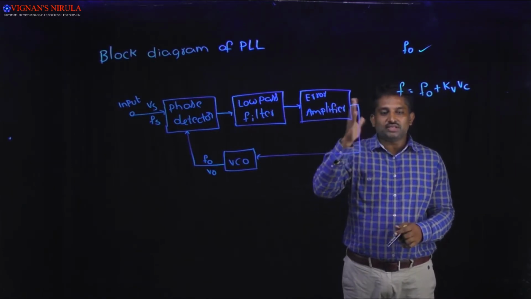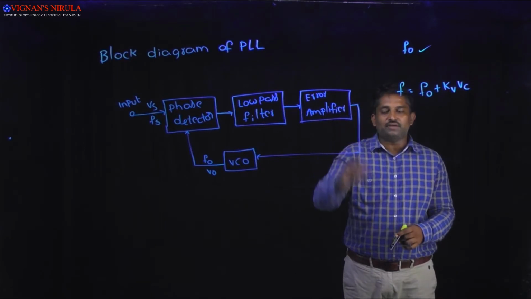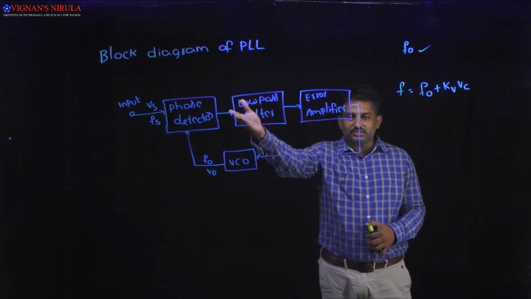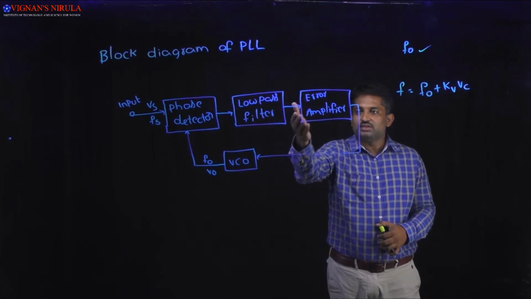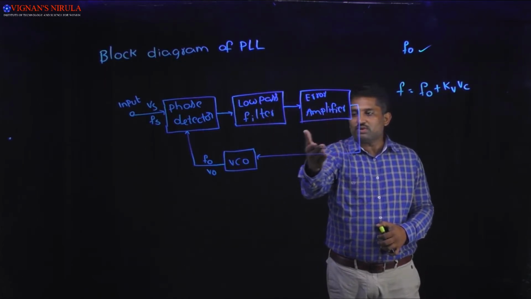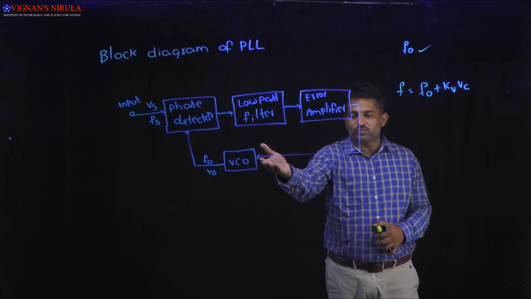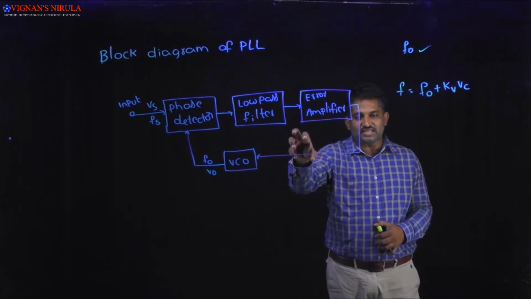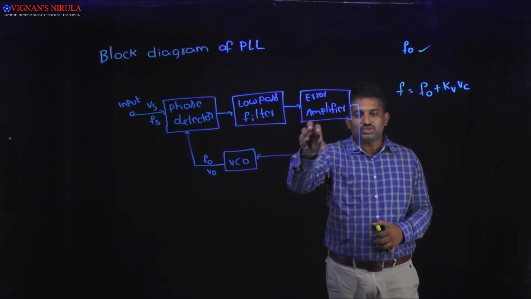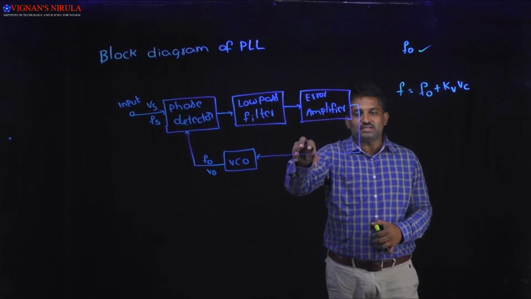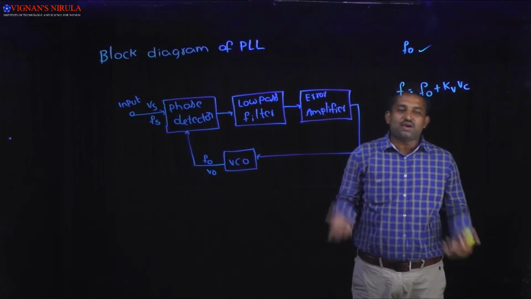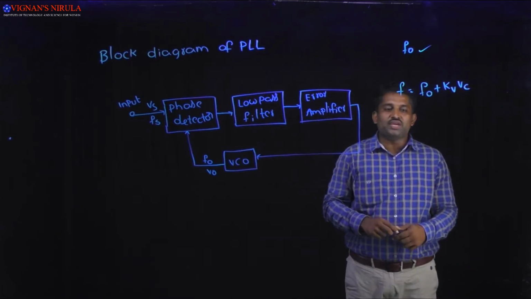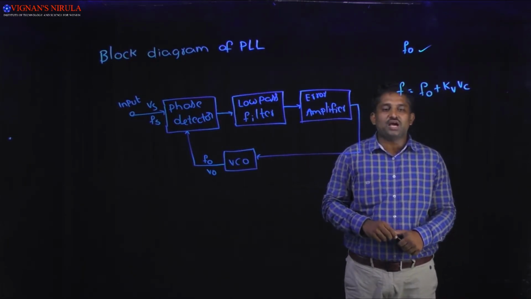Once it is locked, the phase detector produces a constant DC voltage, which is applied as an input of the VCO. It is then treated as the control voltage, which is used to shift the center frequency from F0 to the input frequency Fs. This is the operation of PLL, that is phase locked loop.